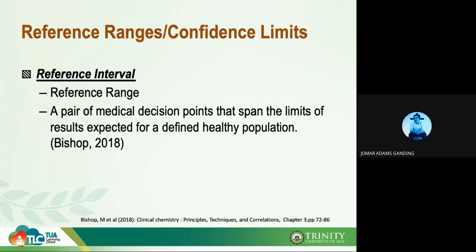Take for example, I have a particular reference range, and the doctors now would know if that result was abnormal, normal, or if the patient is healthy. Perhaps most of you are wondering, sir, why are we even relying on the reference interval?